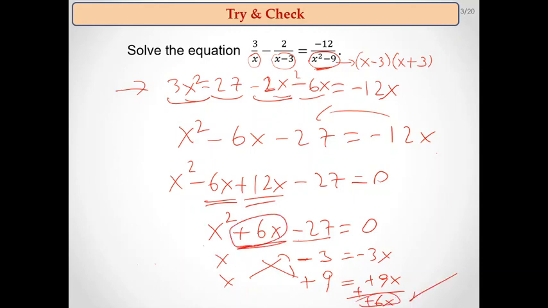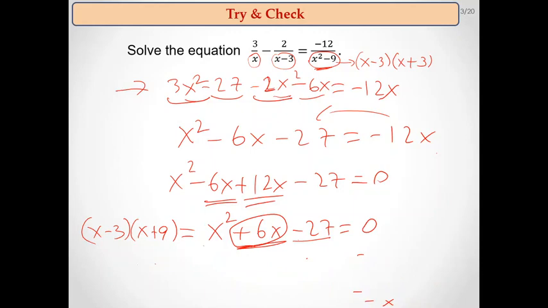Good job. And then this one turns out to be x minus 3 times x plus 9. So I will write this one again: x minus 3 times x plus 9 equal to 0.